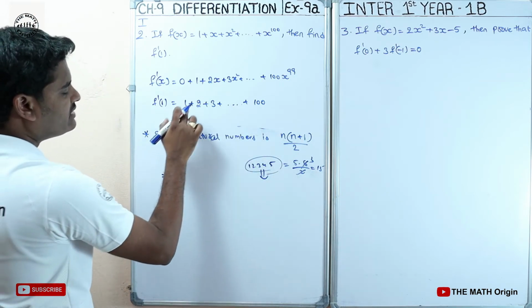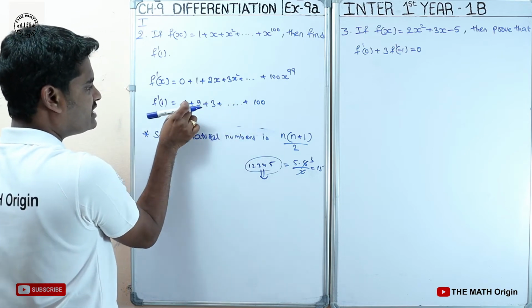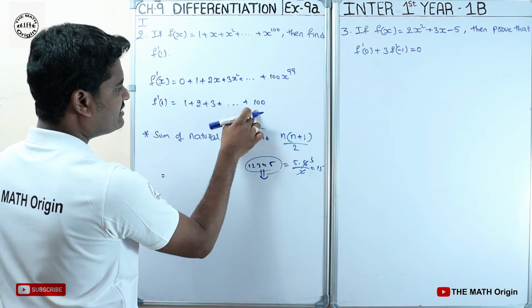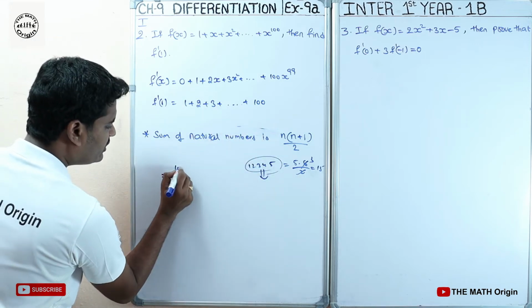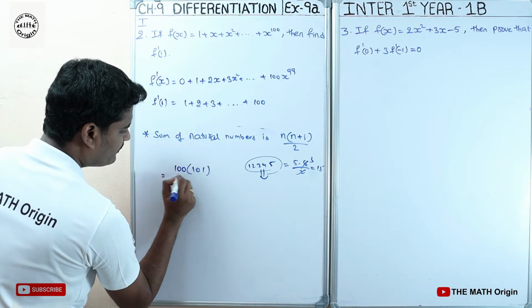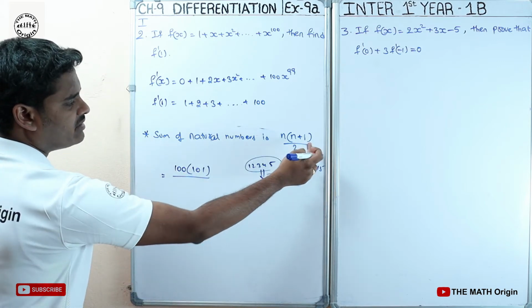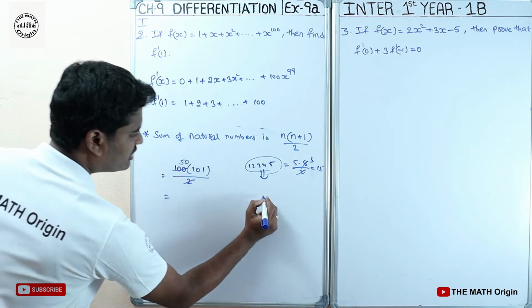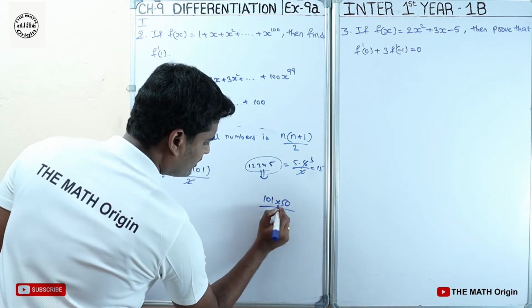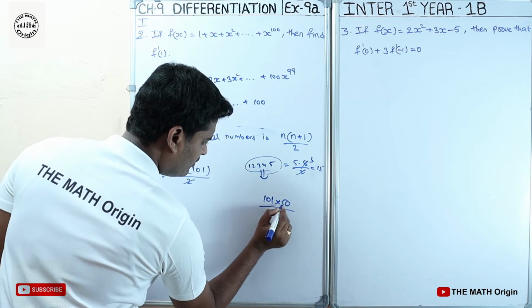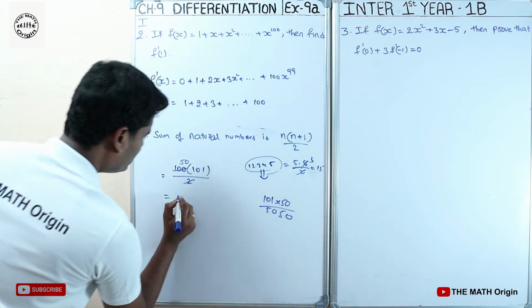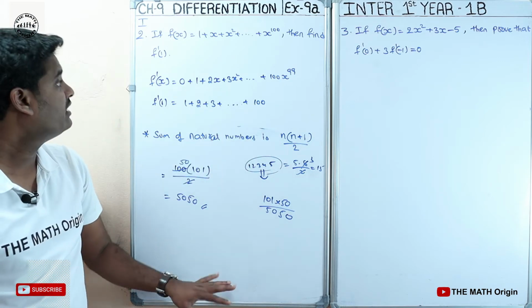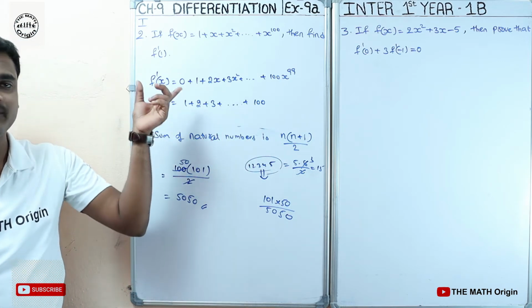We want the sum of natural numbers from 1 till 100, so n into n plus 1 by 2 is 100 into 101 by 2. 2 ones are 2, 50s are 50, so that equals 101 into 50, which is 5050. 5050 is the sum of these values. With this we completed the second problem from the first section.